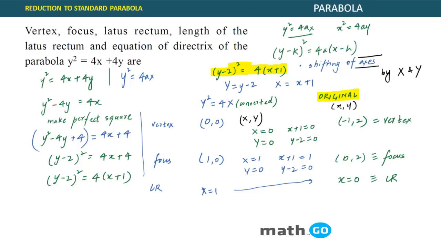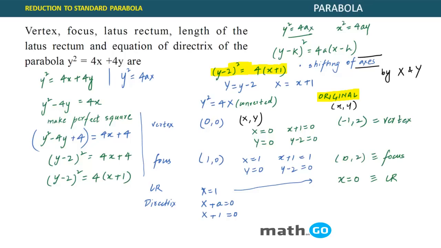Okay. Now let us solve next for the directrix. So what will be the directrix? For this particular converted one, the directrix is given by capital X plus a is equal to 0. What is the value of a? Yes, 1. Try and again convert this.